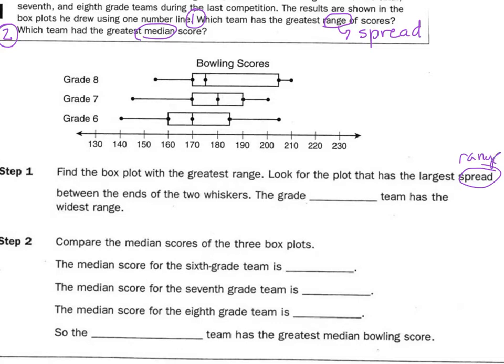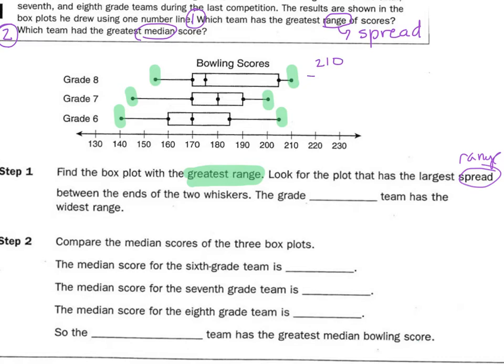Okay, so what we're doing is looking for the greatest distance between these 2 points here. We're looking for the greatest range overall. So I just need to do some subtraction after I figure out what my values are. Sometimes you have to do some estimation. This one looks like it's hitting right at 210. And then you subtract from it.